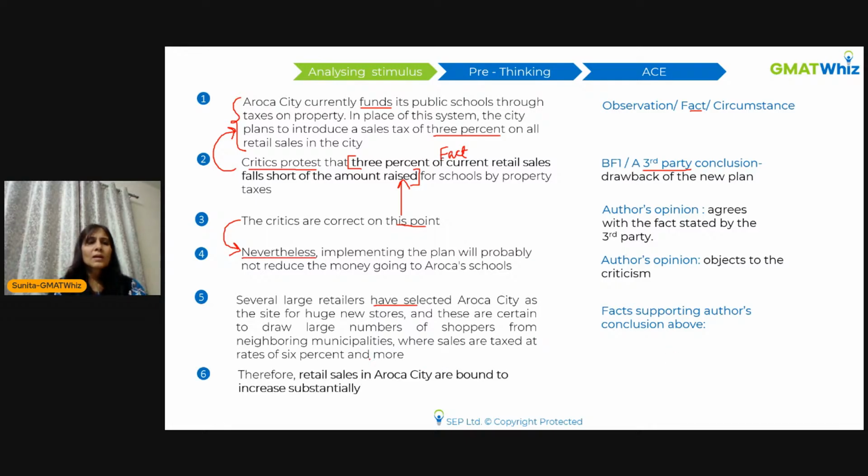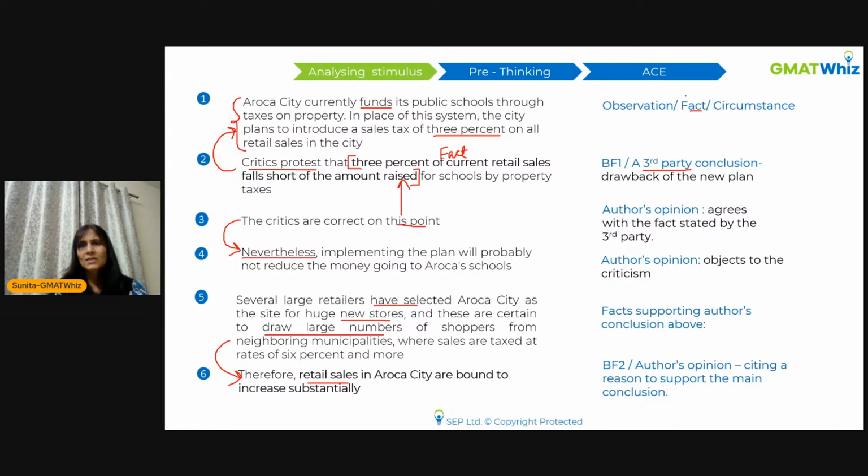The author concludes, based on these facts, that the retail sales in Aroka City are bound to increase in future. Why is it bound to increase? There are new stores opening up. They are going to draw a large number of shoppers, and therefore the retail sales will increase. Now, if the retail sales increase, then what? The tax on the retail sales, the amount, will also increase. So here again we have the author's opinion.